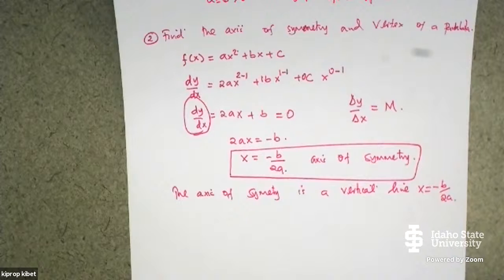This side is the same as this side. So x equals minus b all over 2a is the axis of symmetry. It actually passes through the point which is turning here. It's similar to this. Also, this is also the axis of symmetry.